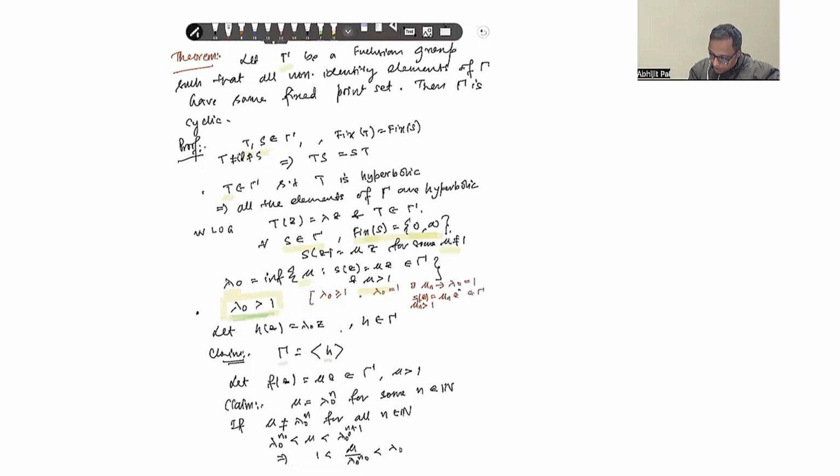So Snz is equal to mu n z, and mu n is converging to 1. So Snz will converge to z. This implies that this Sn will converge to the identity map. And this Sn belongs to gamma, and gamma is a Fuchsian group, so it is a discrete group. So this will give you a contradiction.